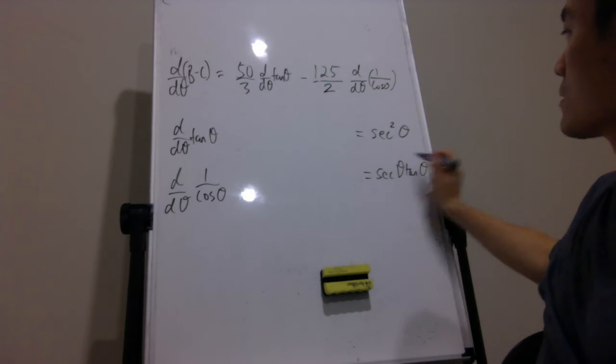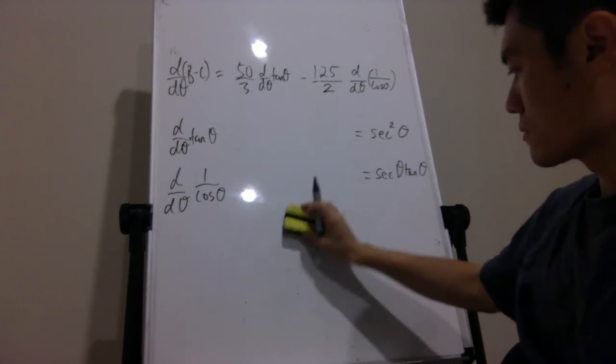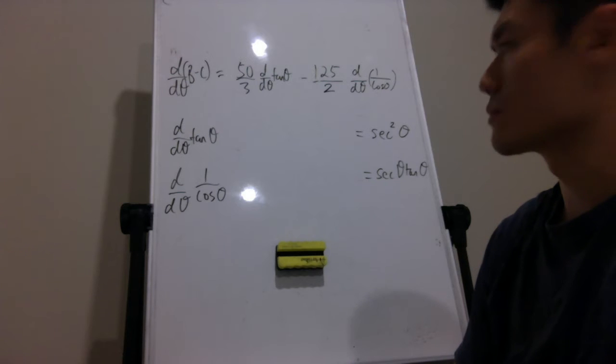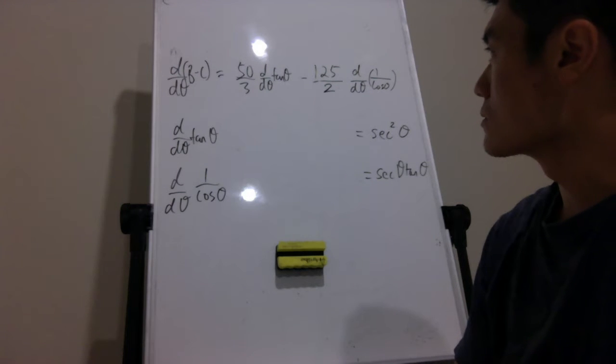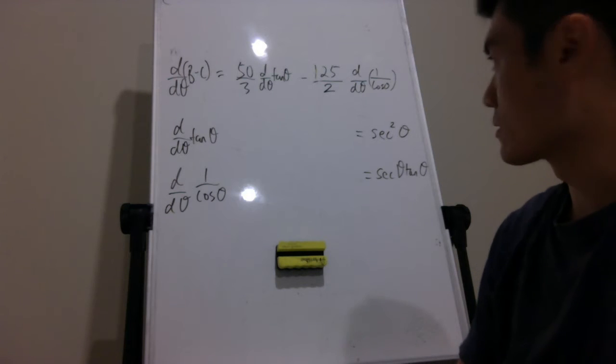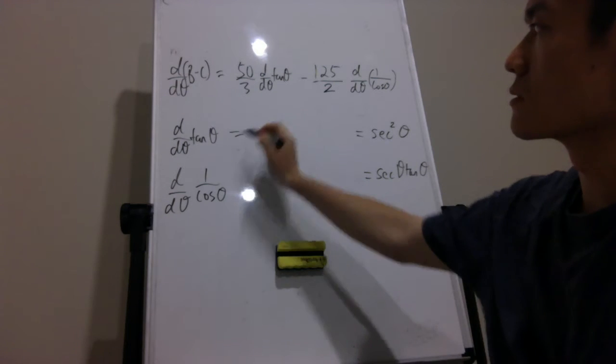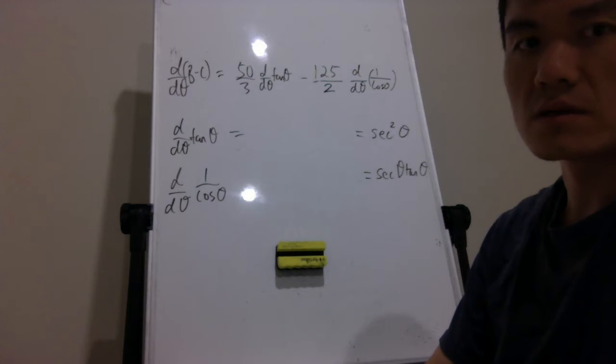I think it's not unreasonable for people to know this, but it is also not unreasonable to be able to figure out what these things are based on the more standard results.